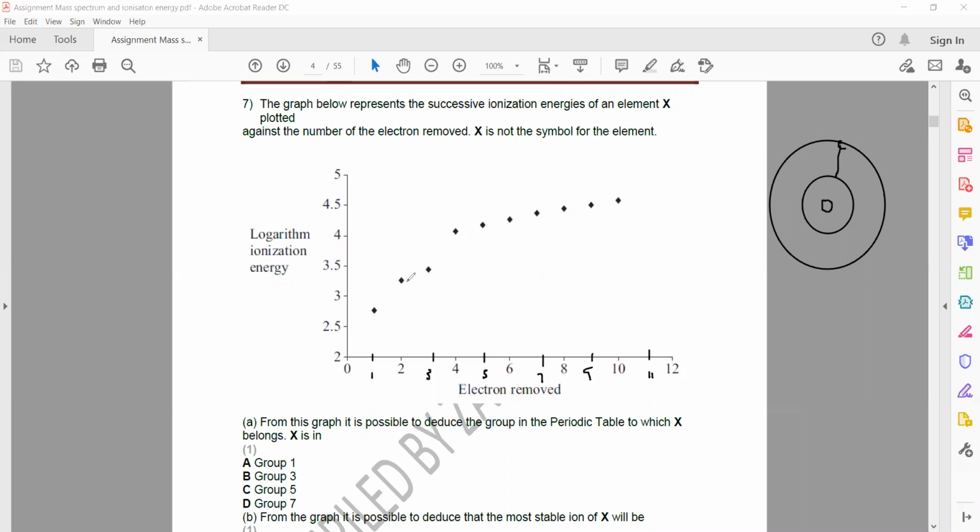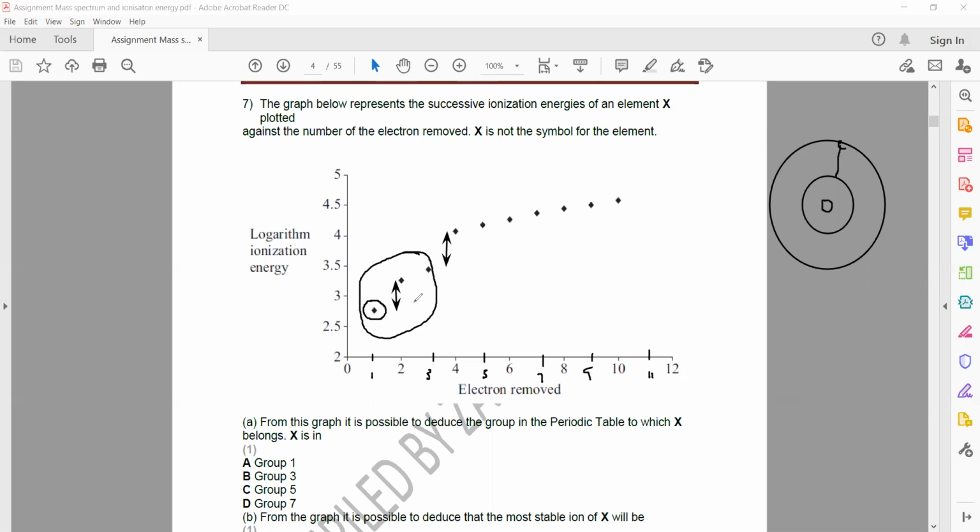How can you identify it? Look, you remove one electron, then when you remove the second electron, there's a jump, a gap. But when you remove the fourth electron, there's also a jump. So what does it mean? It means that this jump is due to a change in the orbital.